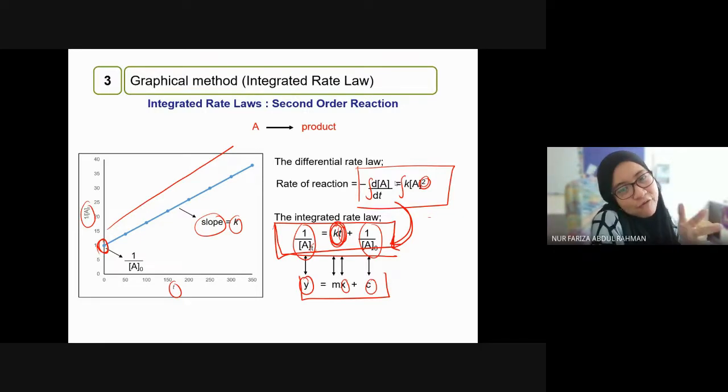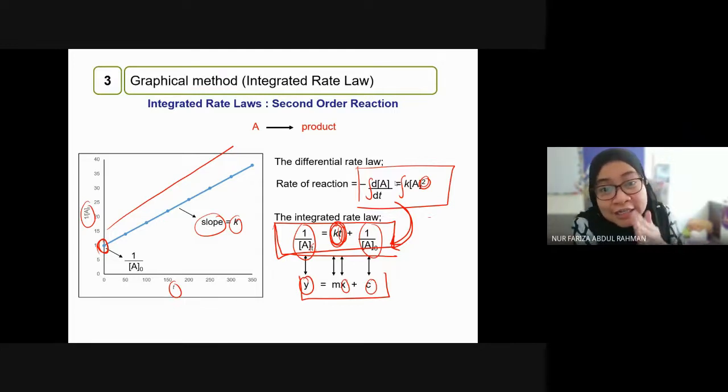After all, our focus is more on chemistry part, not on the mathematical part. That's why the most important thing is not the integration process, it's the final formula. Siapa yang tak berminat nak tahu pasal integration, tak apa, you can just straight away use the formula. Siapa yang berminat nak tahu, then go ahead and find it in the internet. The easiest way will be from the internet lah.